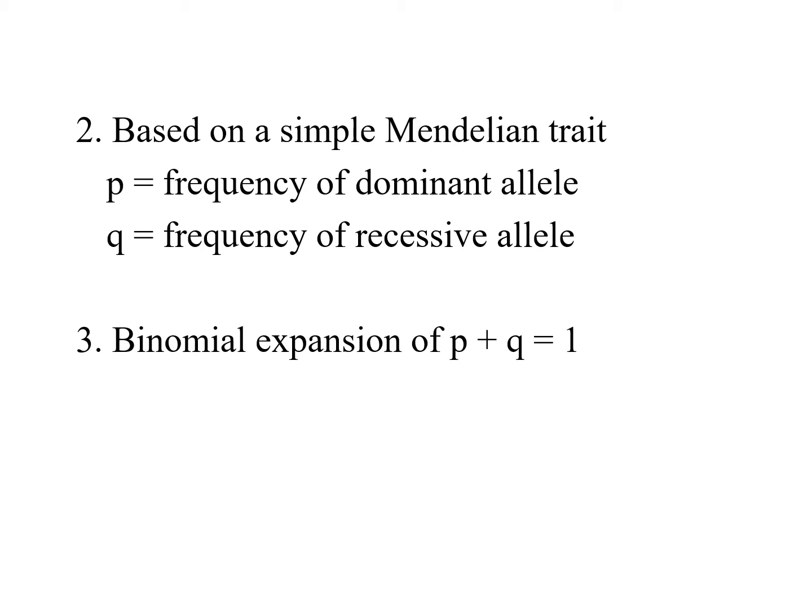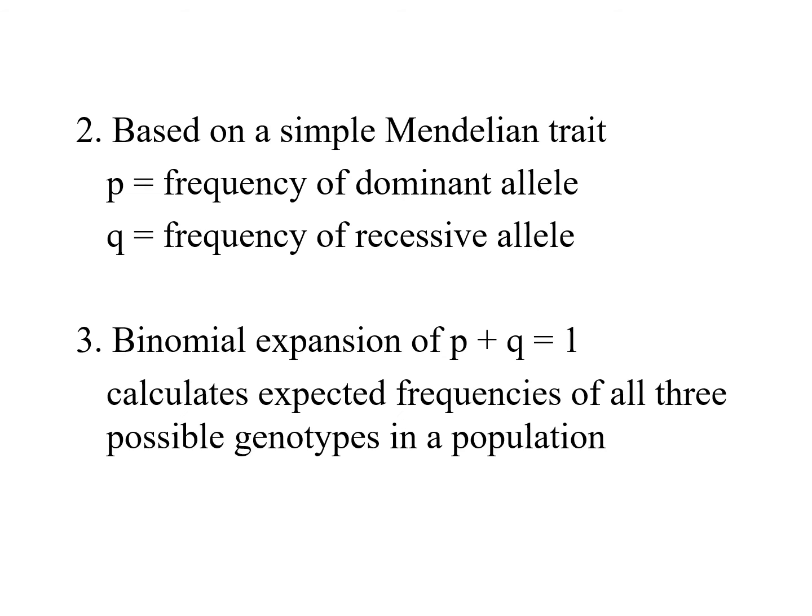Now, it gets interesting when you expand that expression p plus q equals 1. That expansion allows you to go from talking about the frequency of alleles to talking about the expected frequency of genotypes. So here we're talking about diploid organisms.